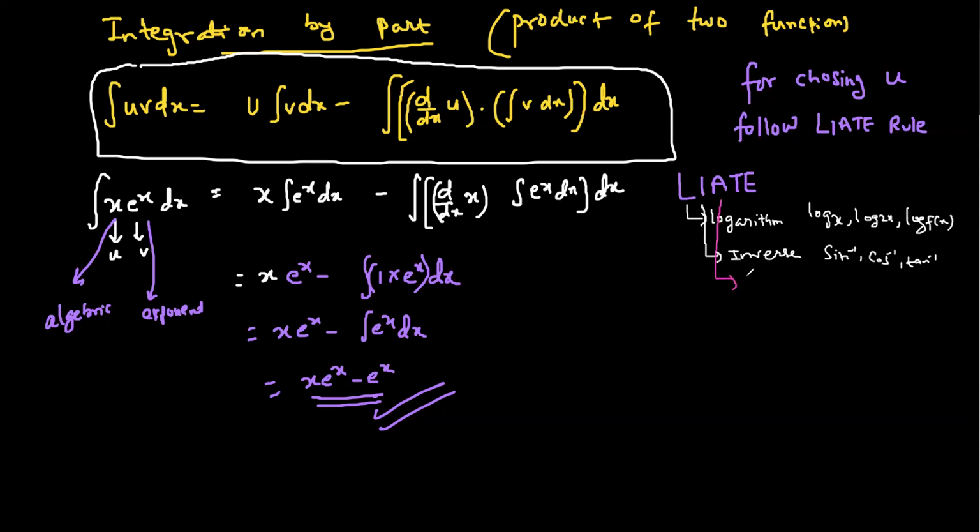A stands for algebraic function. What is an algebraic function? Linear x, x square, x cube. Any number is also called an algebraic function, for example 2, 5, 1 by 3. Any constant is also considered an algebraic function. Okay. T stands for trigonometric function.